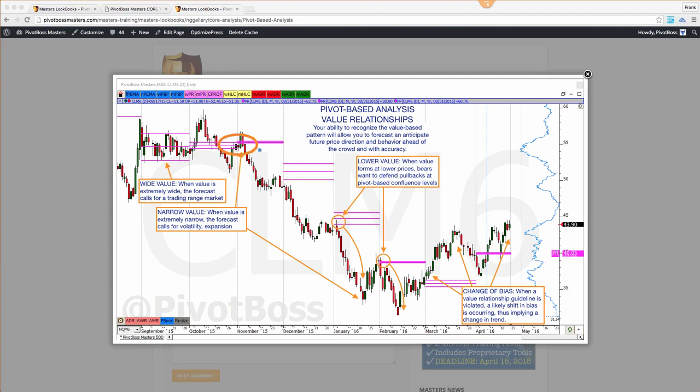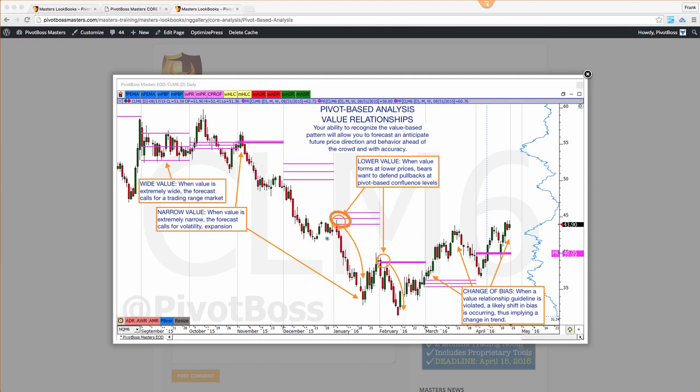There are different ways to do it, and this is one way of calculating a quote-unquote value area. So when things get very narrow, you're looking for expansion. When things get inside, you're looking for signs of expansion. When things start trending in one direction, you're looking to fade counter-trend rotations at pivot-based areas of confluence.